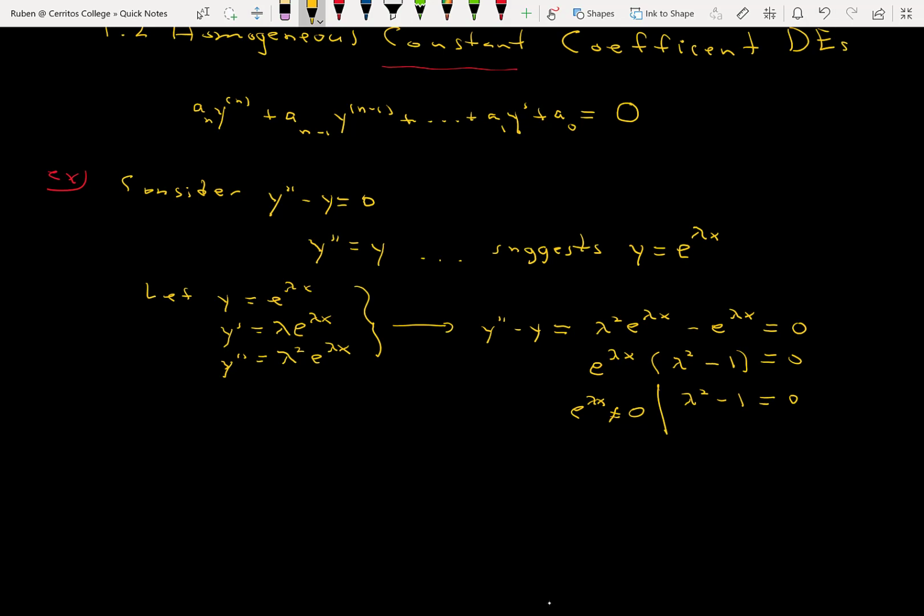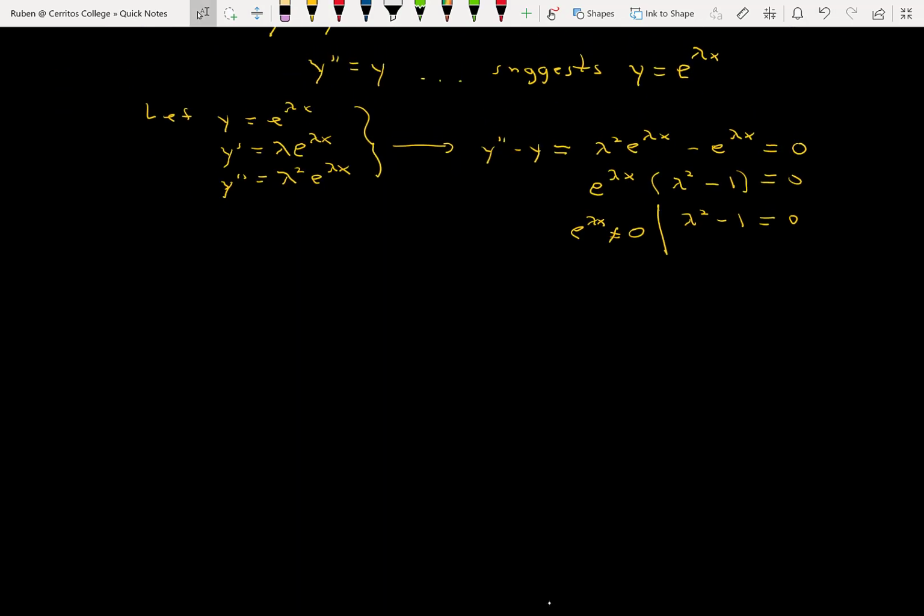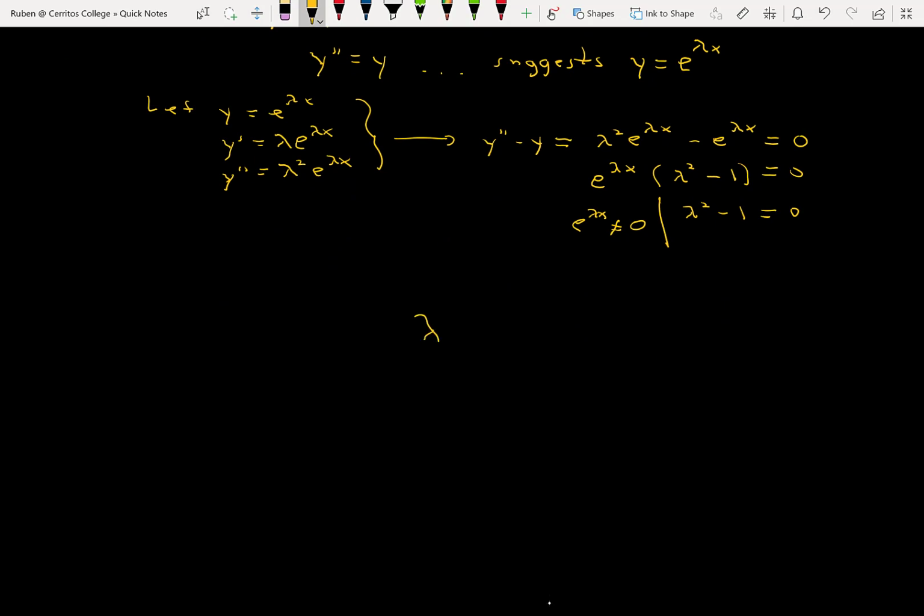It's a quadratic. Before we examine those two solutions, let's talk a little bit about terminology. This lambda squared minus 1 is called the auxiliary polynomial. Sometimes it's called the characteristic polynomial. Either term is just fine.